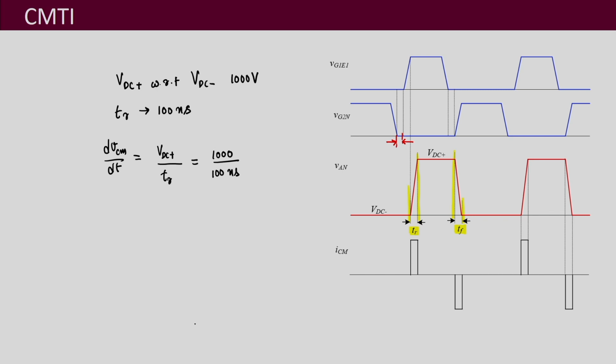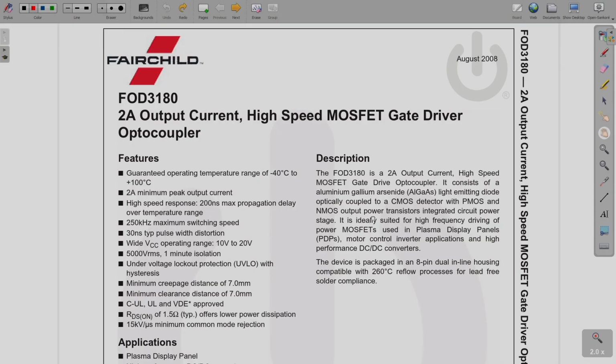Usually this is expressed in terms of kilovolt per microsecond, or kilovolt per nanosecond, that is the way your CMTI levels are given in the data sheet, and it should be as high as possible for the better operation of the driver. Now, let us look into the data sheet of an optocoupler based gate driver.